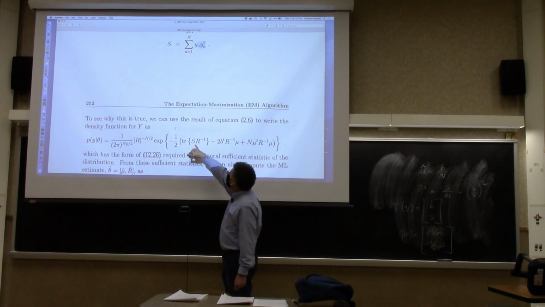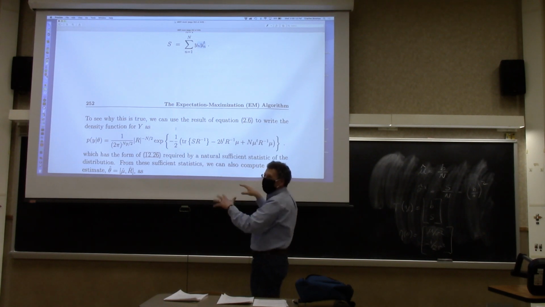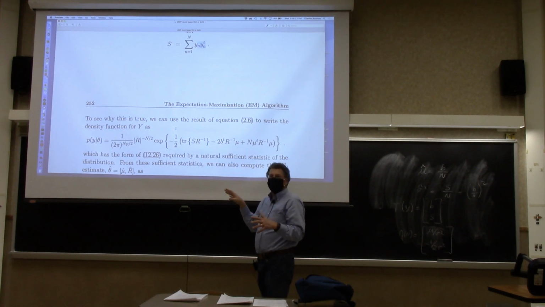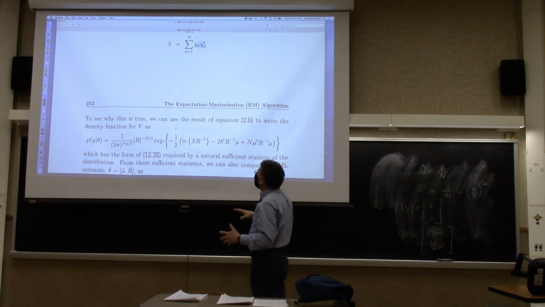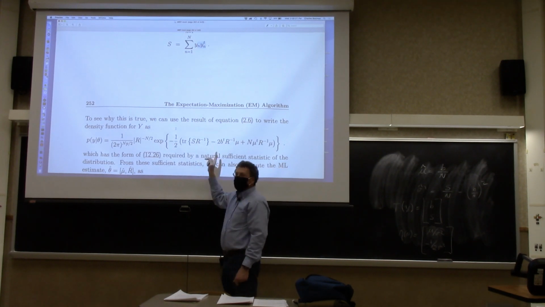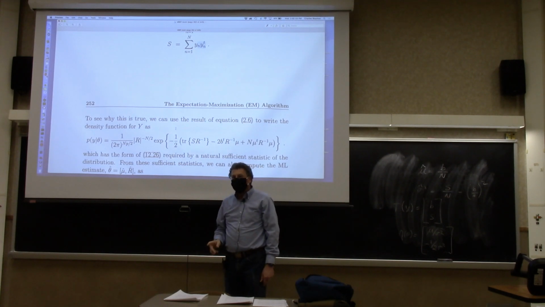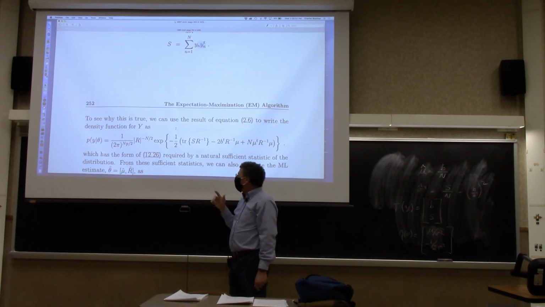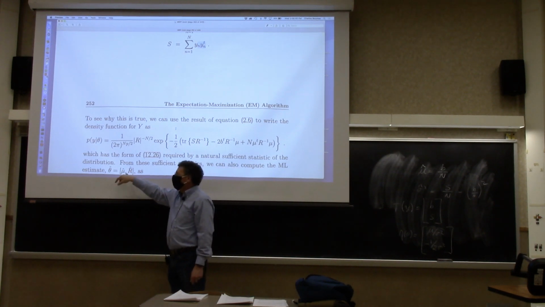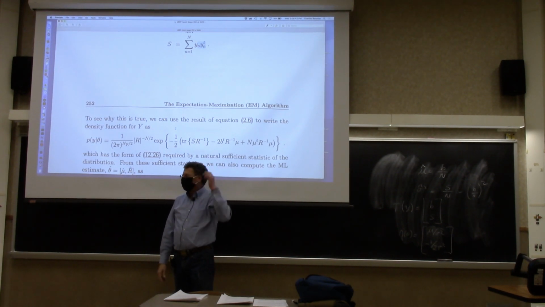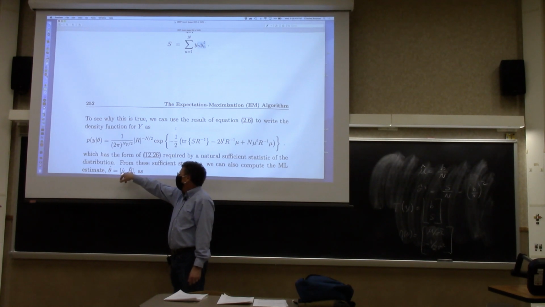Because now in this form, you start moving the terms around, and it becomes pretty clear quickly that S and B are the natural sufficient statistics for this exponential distribution. This family of exponential distributions parameterized by the mean, mu, and the covariance matrix R, okay?